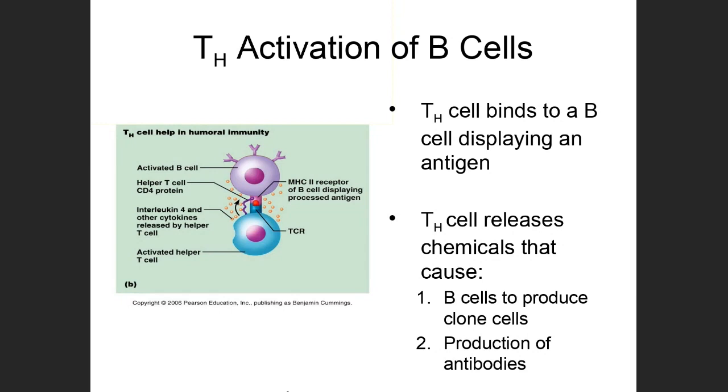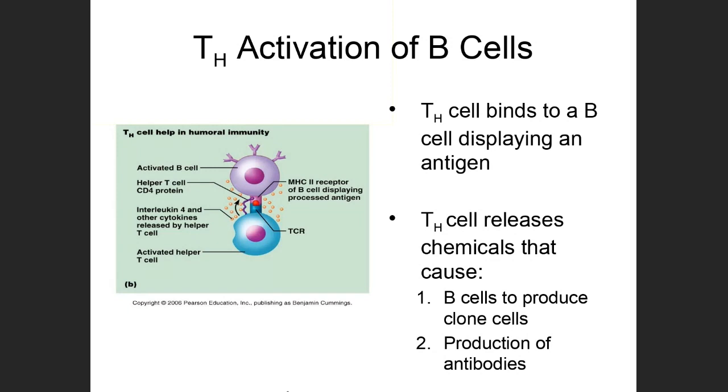I want to go back to the cell-mediated system and look at how these helper T cells, which are our major player in the cell-mediated system, are involved in activating other T cells that go after cells that are harboring something foreign, such as a virus.